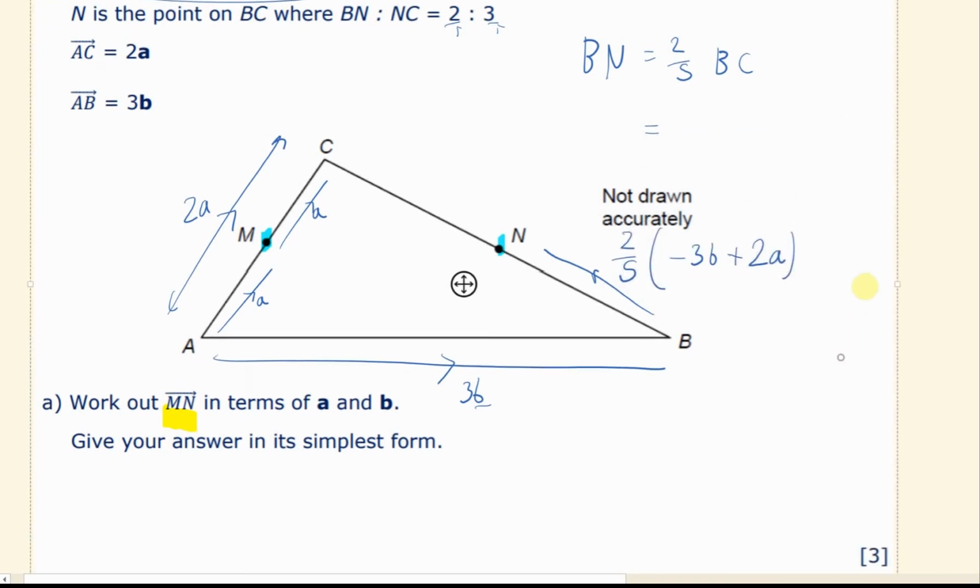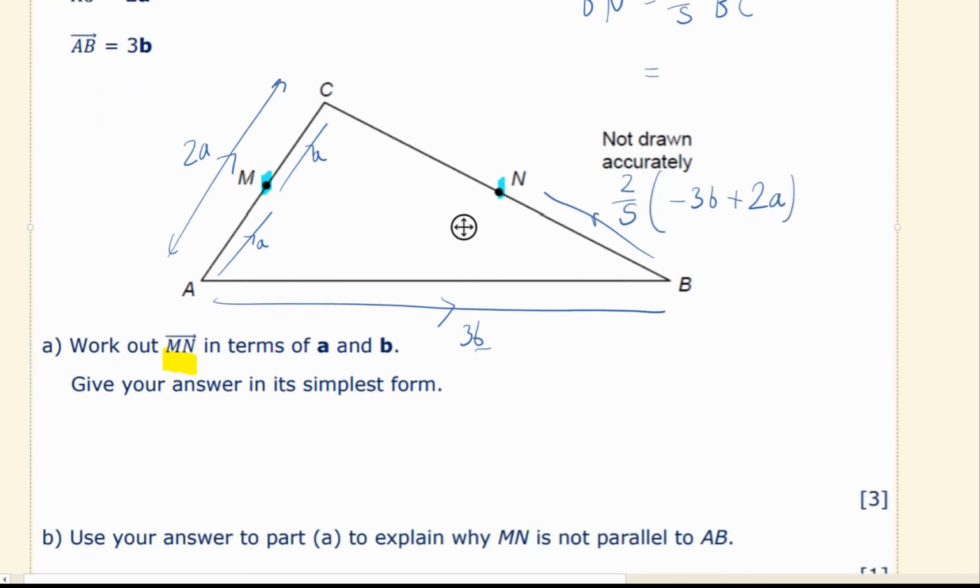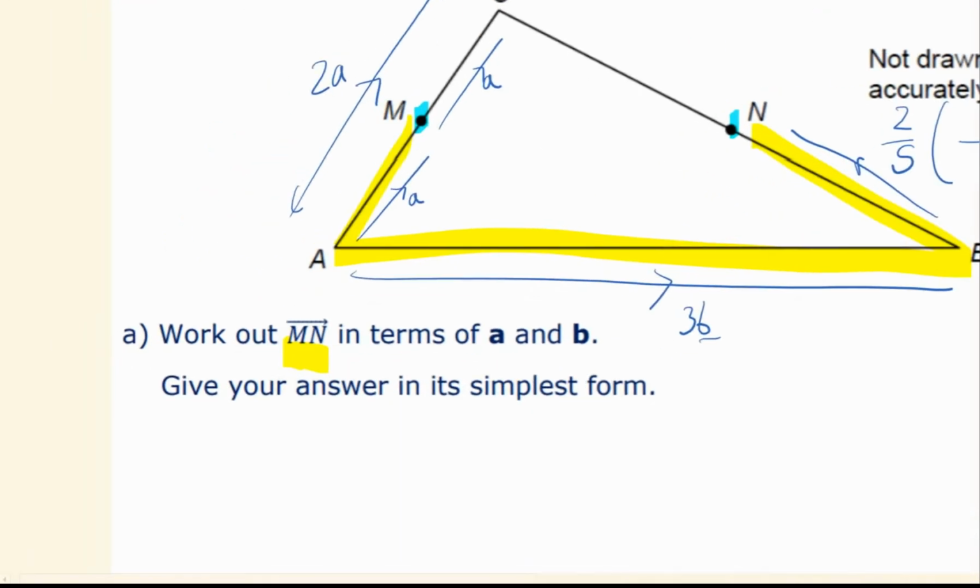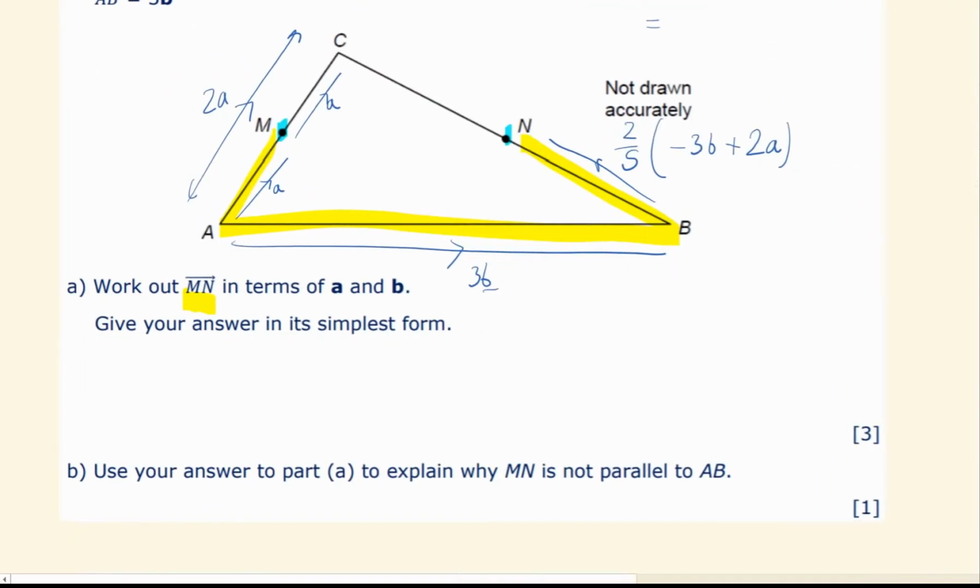Now what we need to do is work out the vector MN. So the path I can now take is this path here. So let's work out all those legs. So from M to A, let's write this down.